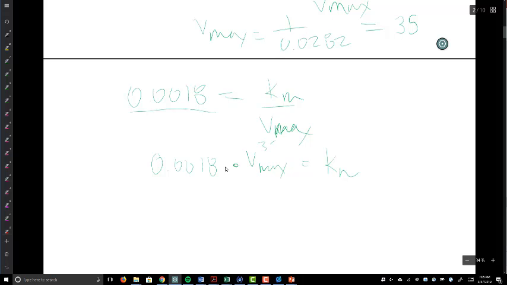So 0.0018 times 35, yeah, about 0.06. So it's a lot lower than what we would have predicted based on the data that are in the handout and what would have been the corresponding hyperbolic fit.